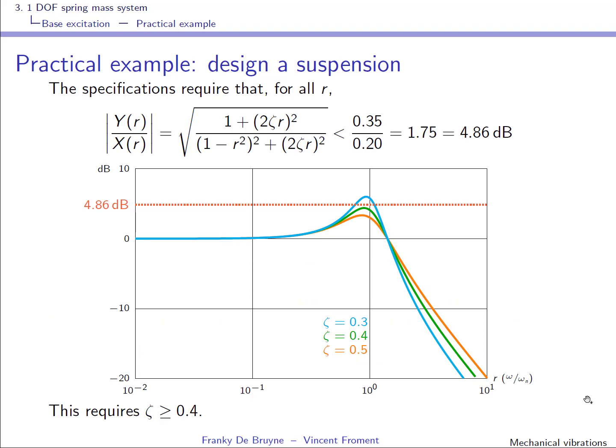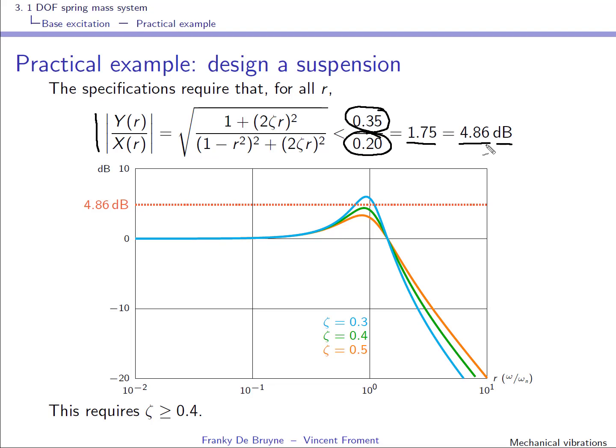We are told that the amplitude of vibration should never be higher than 0.35 meter at any speed. This means that since the amplitude of your input is 0.2, the displacement transmissibility should never be higher than 1.75, or 4.86 dB.